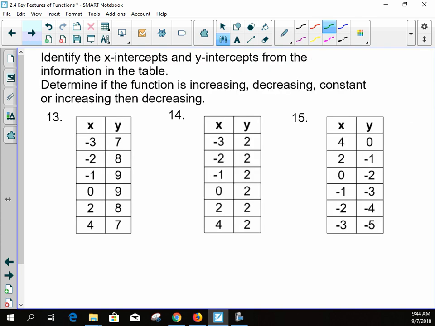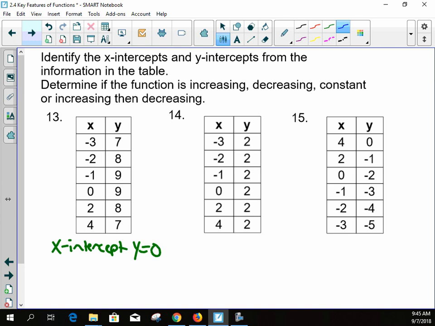Okay. Please, please, please pay attention. Your x-intercept: y equals 0. You might want to write that down. You're going to need to know that for the rest of your time in math.